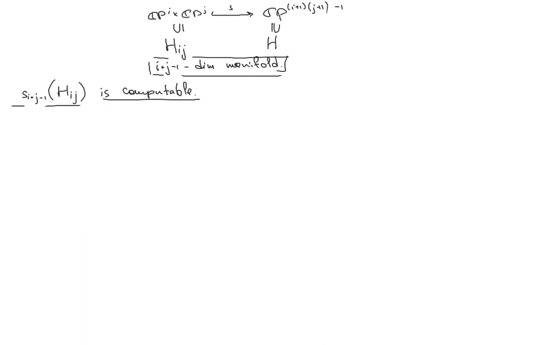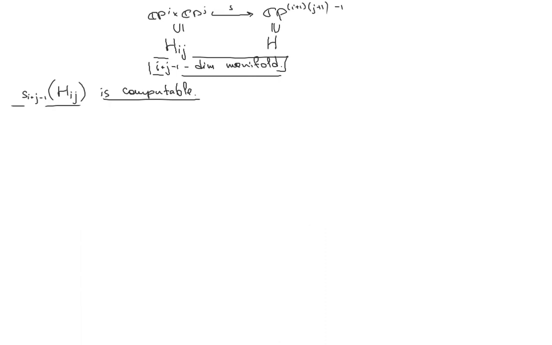We know what we want to apply it to, and so we get the normal bundle of the pullback of a hyperplane, and then we calculate the Chern classes of this normal bundle, which we know already.